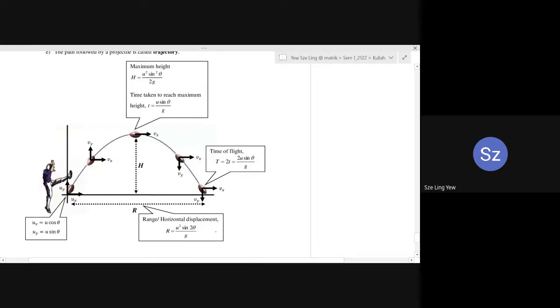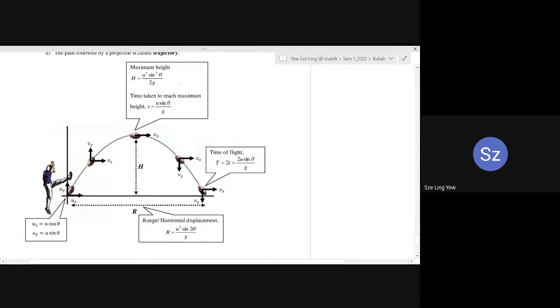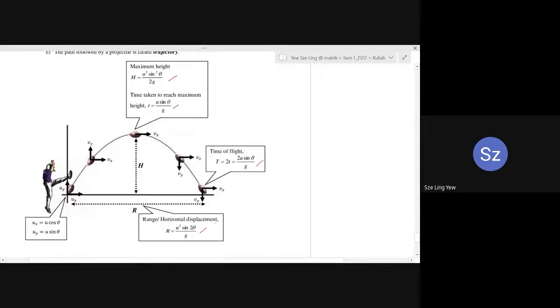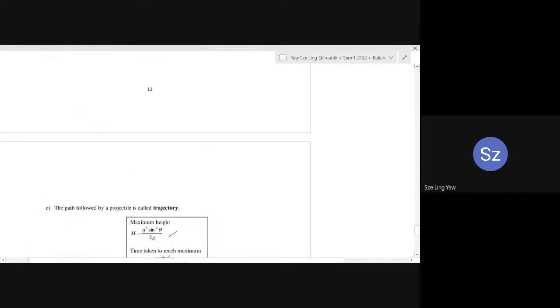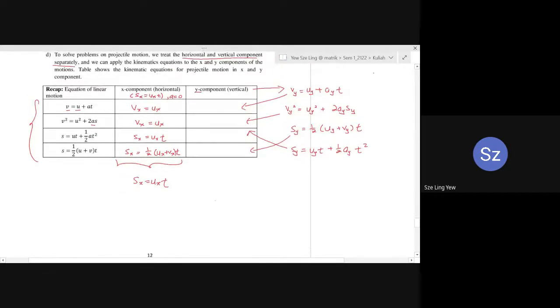All these equations actually come from the 4 linear equations. So instead of memorizing additional equations, I would rather you use the 4 equations that we studied just now. You can derive the equations from this table.